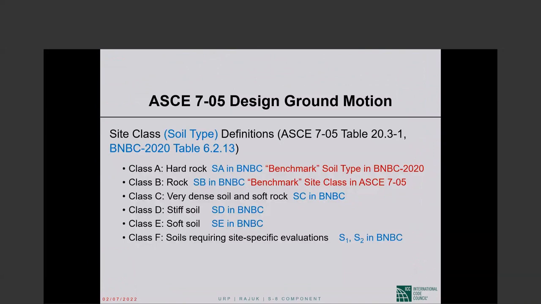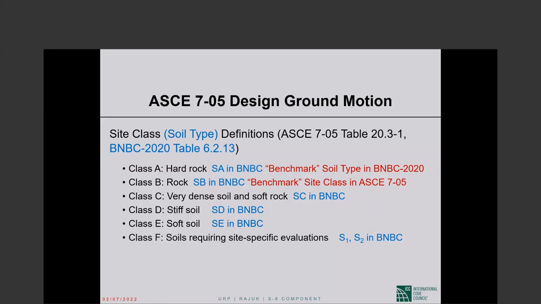The site class, which is called soil type in BNBC, site class definitions, well, these are maybe not definitions, but in AC7, there are 6 site classes, as I mentioned. A is hard rock, B is softer rock. Hard rock is characteristic of the eastern United States, which is geologically older, and therefore the rock is harder.